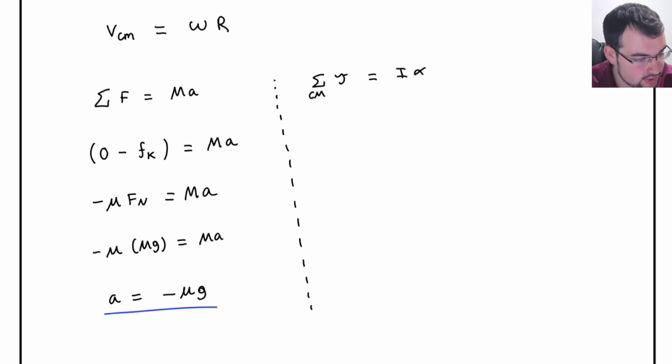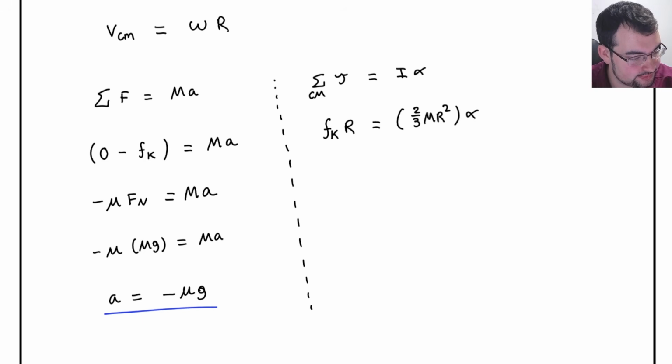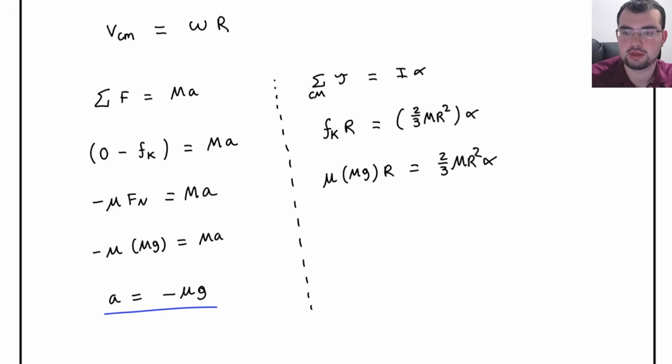Alrighty, so now we can say the torque, which is R f, so we have a frictional force at a distance r, causes a torque about the center. We have that rotational inertia, and we have alpha. And now we can solve, because we said that frictional force was just mu times normal force mg. So mu mg times r is equal to 2/3 mr squared times alpha. All right.